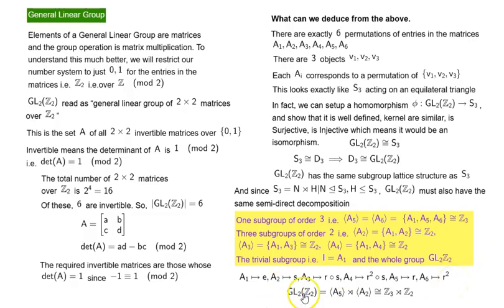So GL2 over Z2 is equal to, there is only one normal subgroup, so we take that as either generated by A5 or A6, the subgroup generated by A5, semi-direct product with the subgroup generated by A2 or A3 or A4. This would be isomorphic to Z3 semi-direct product with Z2.